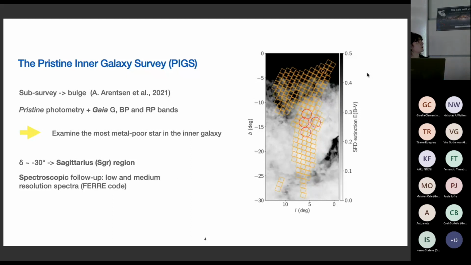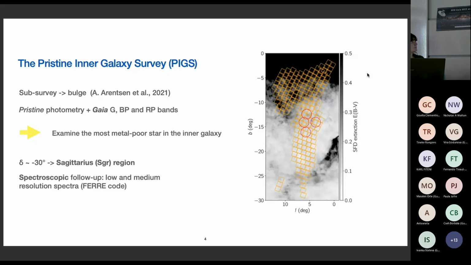But this sub-survey reached quite low declination, and therefore it also covered part of the Sagittarius region. You can see the fields of PIGS in the orange squares that appear in the plot, and the red circles are the ones where the Sagittarius fields have been observed.